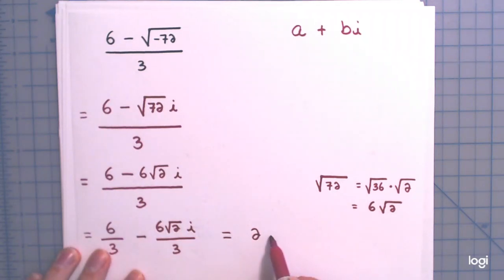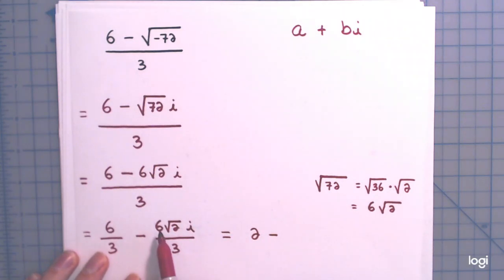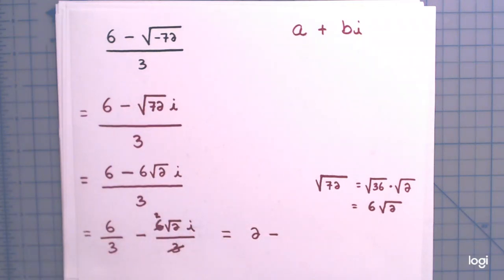Then we have minus, and then again here I have 6 in the numerator and 3 in the denominator. They have a common factor of 3. So the 3 would divide out, and you'd have a factor of 2 left over. So I have 6 divided by 3 is 2 for the first term.